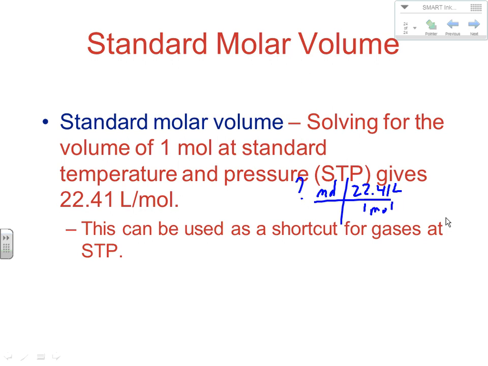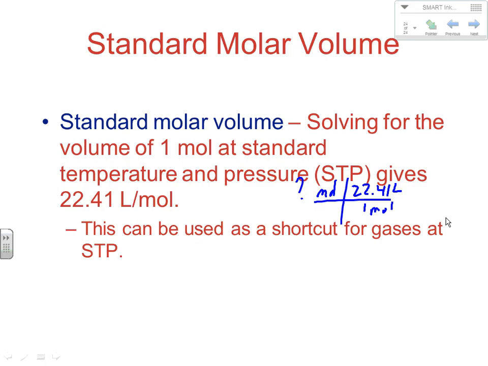If you ever see STP, think 22.4 liters per mole. Now, you can use 22.4, that just limits you to 3 sig figs. Since our last mole amount was limited to 3 sig figs, I went to 4. It's not really that big of a deal. If you use the same number you did last year, 22.4, that's perfectly acceptable. I was just going to 1 extra significant digit here, but this is a shortcut way of doing the last problem.